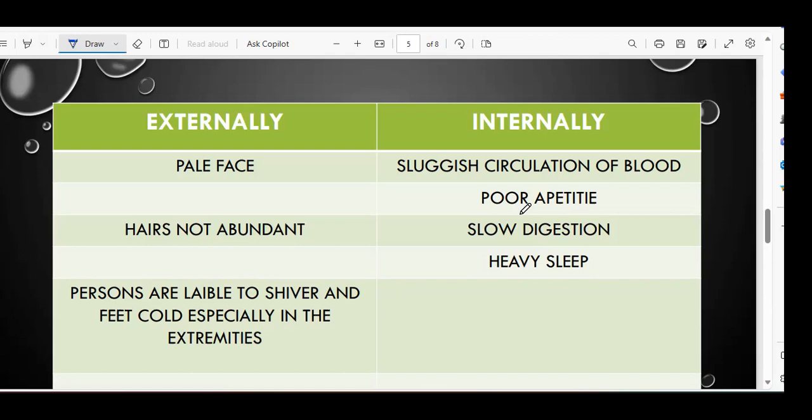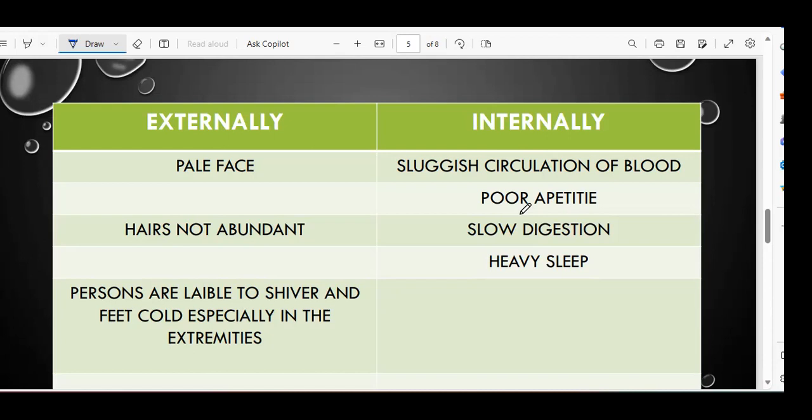That is the reason blood will not reach the higher level of the skin, so the color will be pale. Hair is not abundant. The person is liable to shiver and feel cold, especially in the extremities. The person's hands and extremities are cold because circulation is not happening.